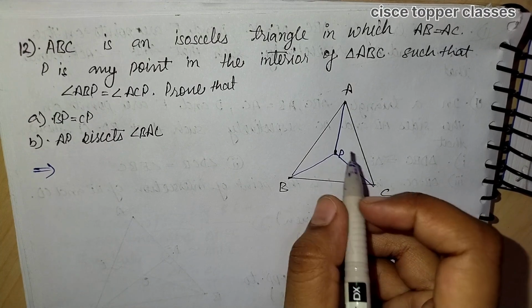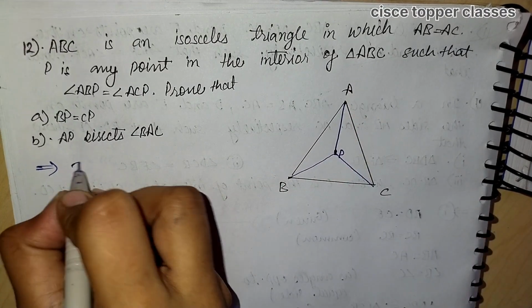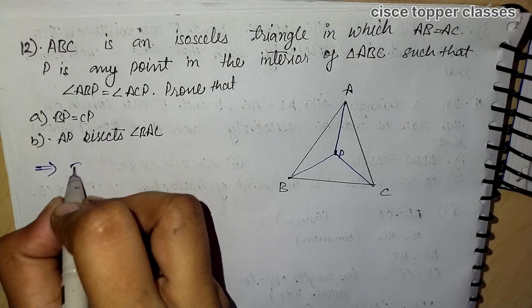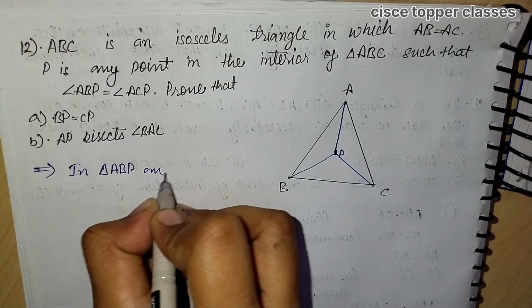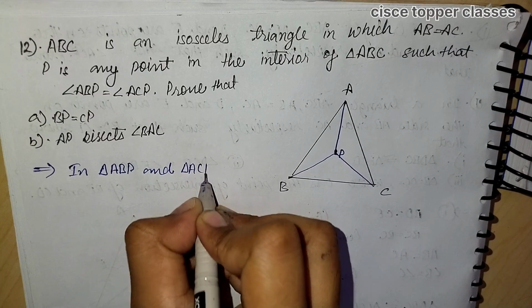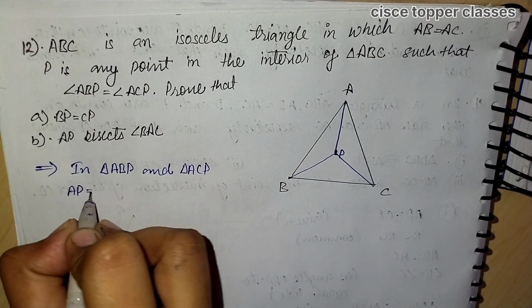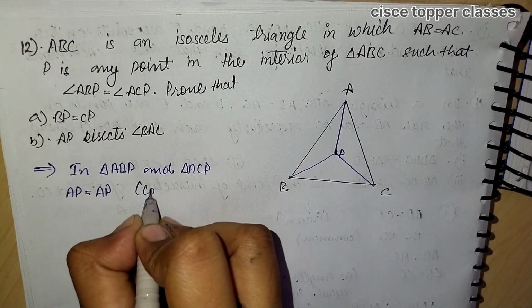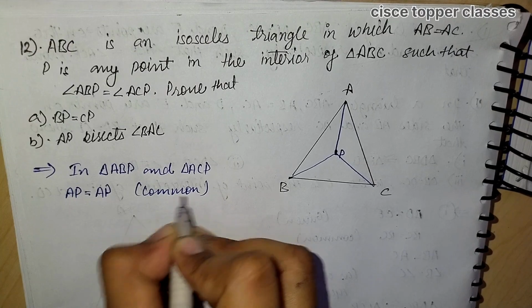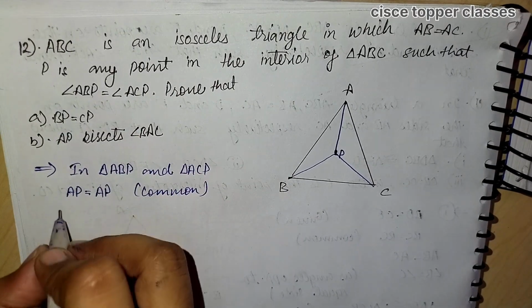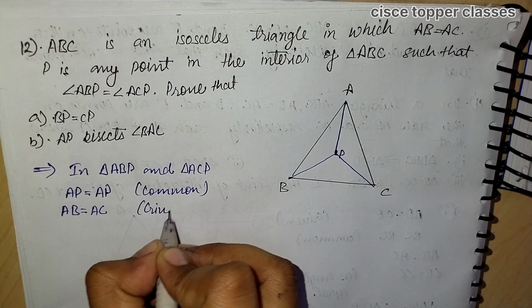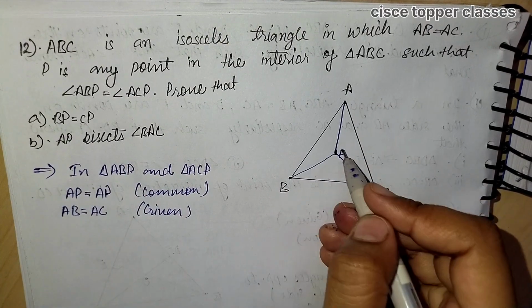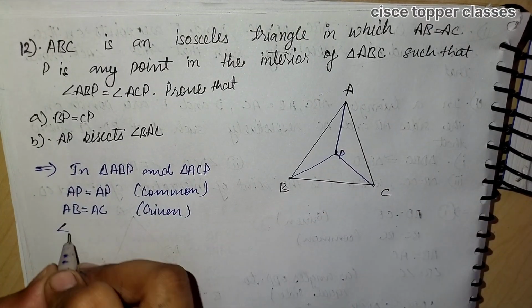To prove this, we can take triangle ABP and triangle ACP. We can see that AP is equal to AP, which is common here. Now it is an isosceles triangle, so AB is equal to AC. This is also given to us, and angle ABP is equal to angle ACP. This is also given.